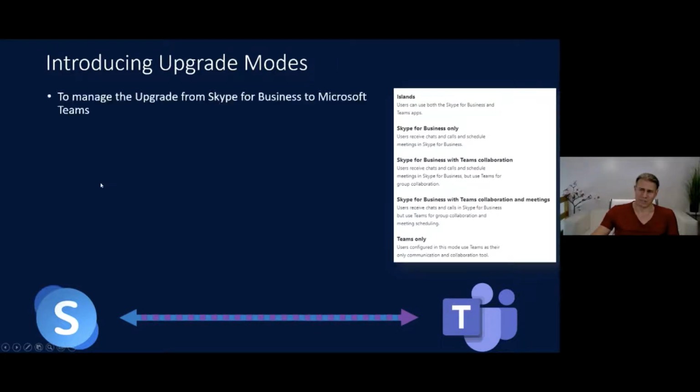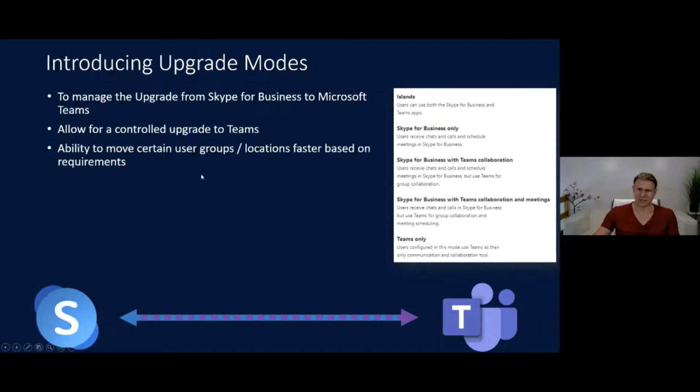So the upgrade modes are really important because they help you manage the upgrade from Skype for Business to Teams. So you are going to block functionality that's not ready yet and make sure that you prepare your environment to move to Teams only in a better way, right? So it's a controlled upgrade because you control it from the admin side. Just enabling Teams in island mode doesn't control anything, right?